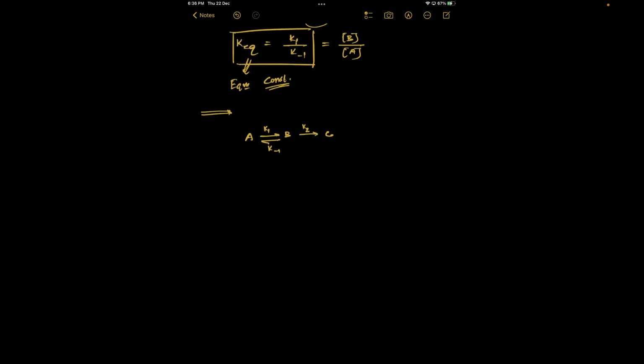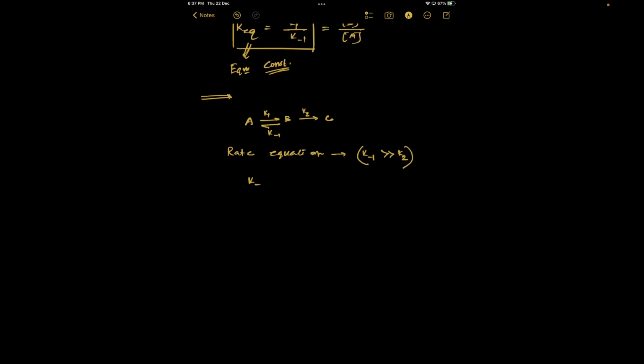You are asked to find the rate equation for this reaction scheme, where the condition given is that K minus 1 is much greater than K2. That means the B to A reaction step is happening fast compared to the B to C reaction step.